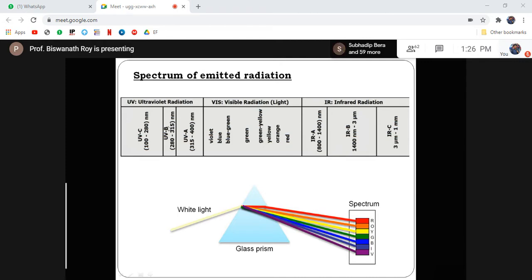And this is the spectrum of the entire electromagnetic optical radiation. We are not confined here only to the visible part of the electromagnetic radiation.